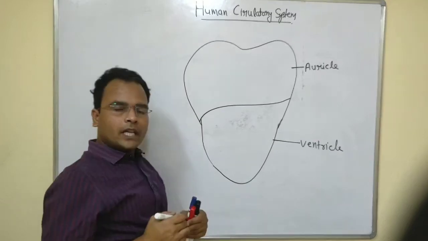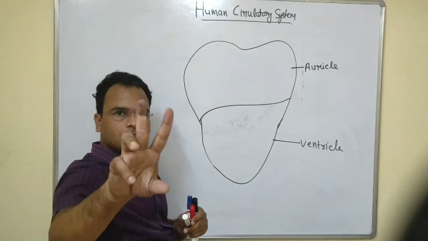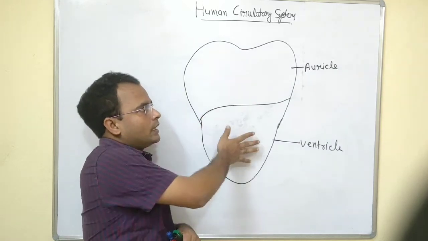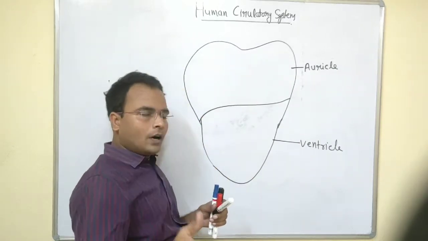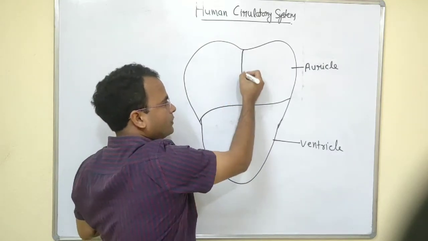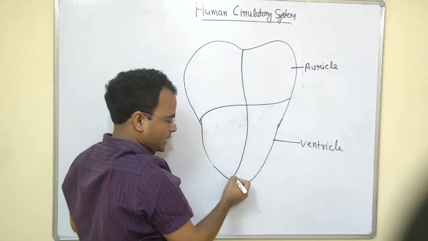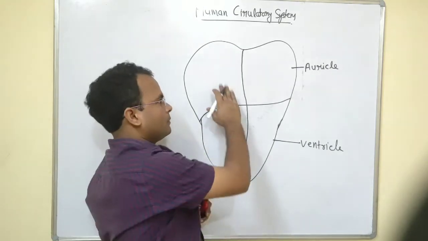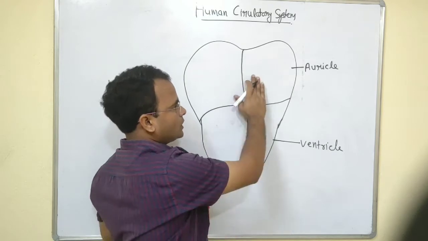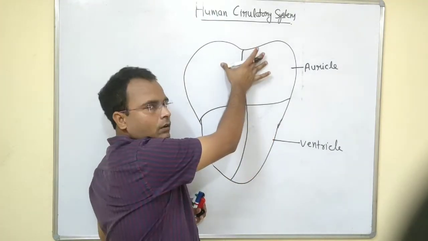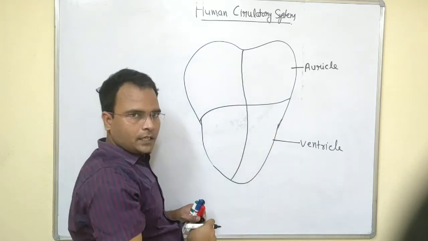The heart of the fish is two-chambered, so there they have only the auricle and the ventricle. Now again compartmentalization, or you can say a vertical division, happened in this heart. Now we have four chambers: 1, 2, 3 and 4, right? The upper part is the auricle and the lower part is the ventricle.